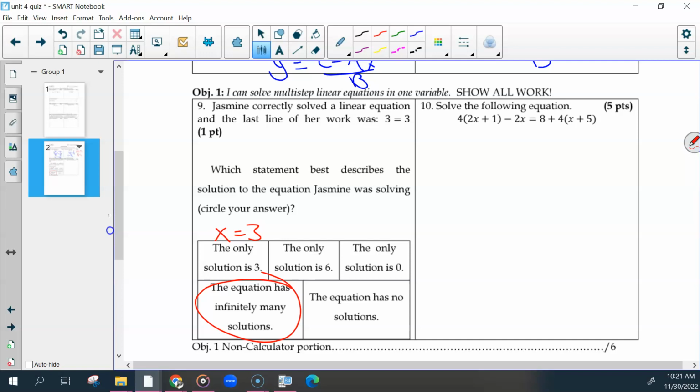So 3 equals 3, or a number equals the same number, is infinitely many. Two numbers that don't equal is no solution. Any of these are x equals whatever. So that was hit or miss. You either got that one right or you didn't. Questions on that one?